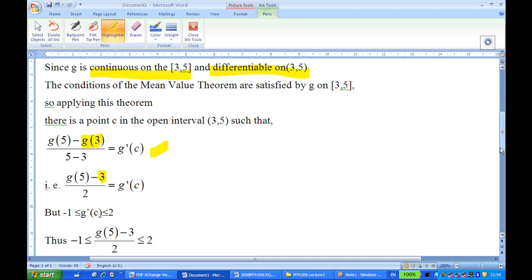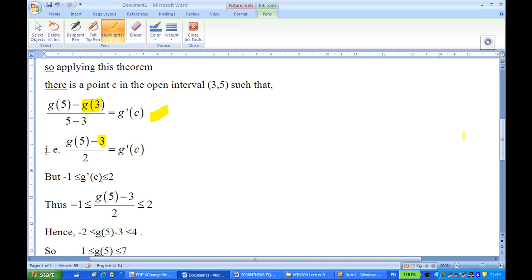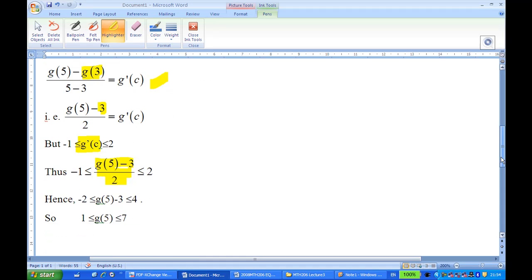Now we are also given that g prime of c is between minus 1 and 2. Therefore, g of 5 minus 3, over 2, is between minus 1 and 2. Now multiply both sides by 2. The inequality gives you minus 2 less than or equal to g of 5 minus 3, less than or equal to 4. Then add 3 to both sides.